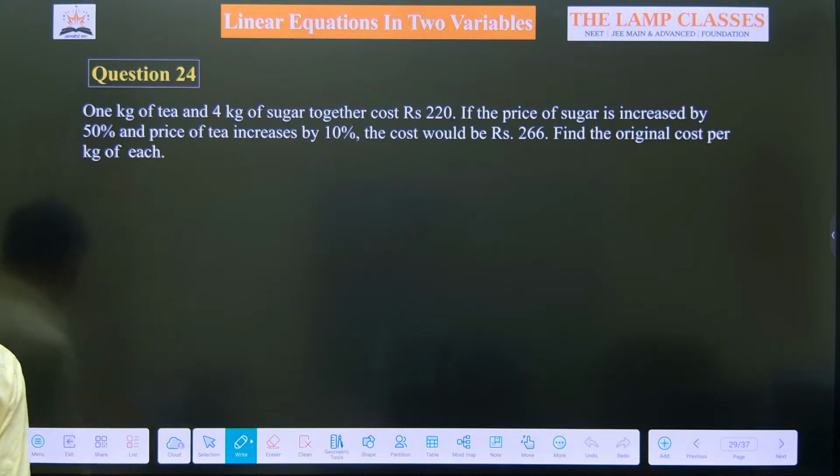This is another simple word problem. 1 kg of tea and 4 kg of sugar together cost 220 rupees.